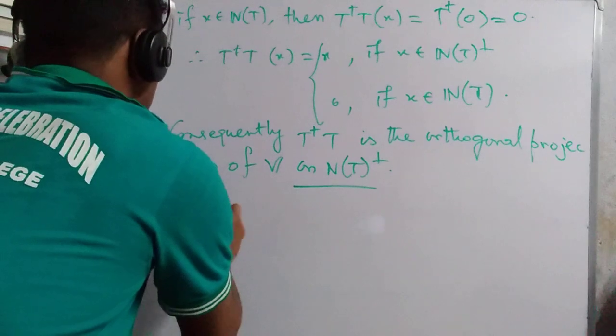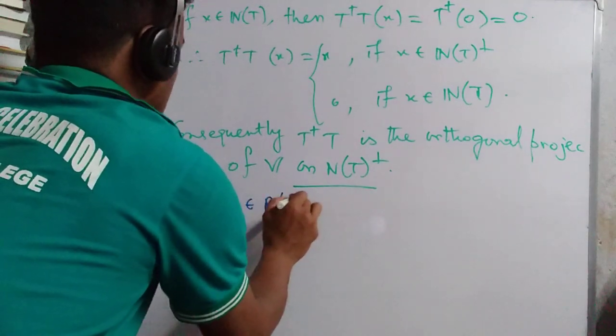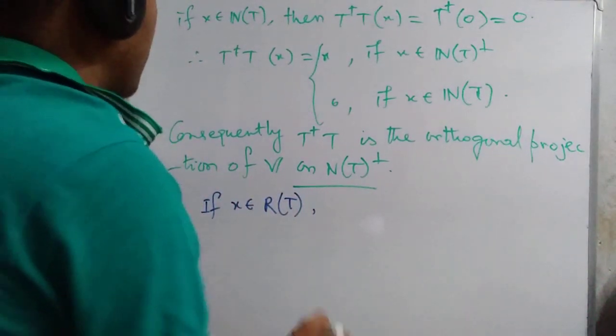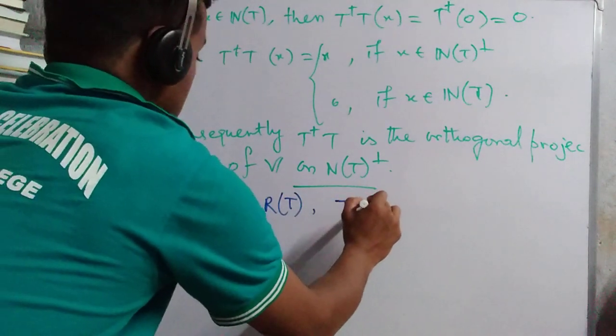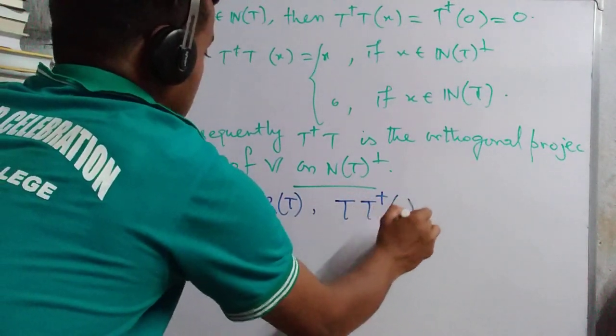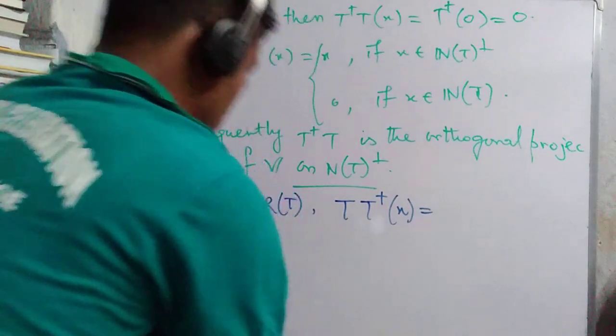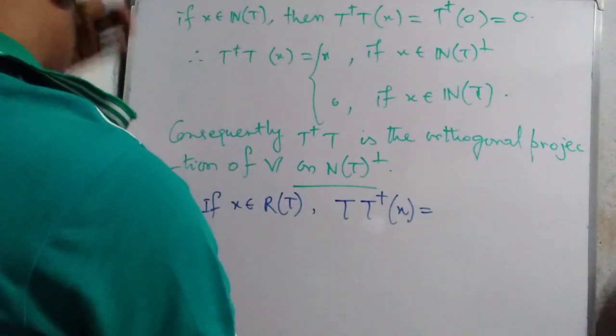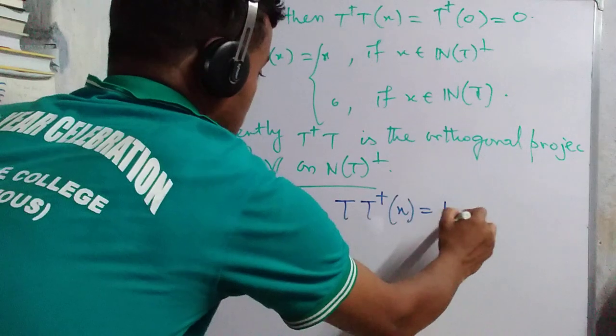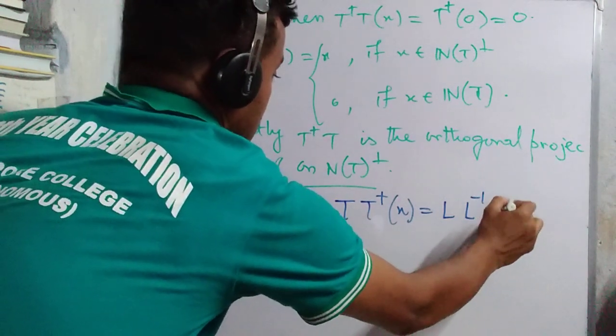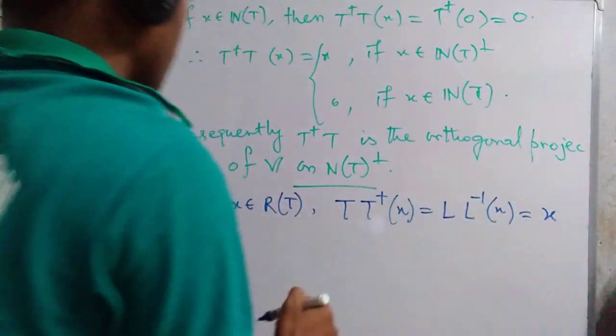If x belongs to R(T), then what happened? Then T†x equals x, because we know that if x belongs to R(T), then T†x equals L inverse x equals x.